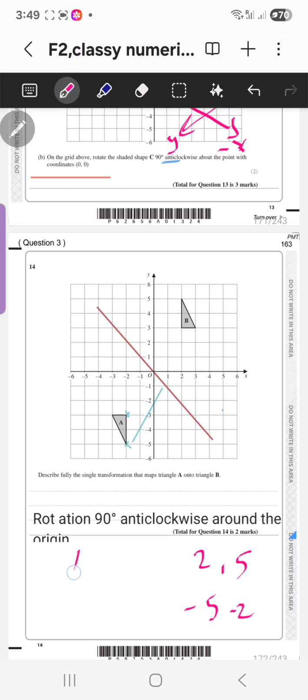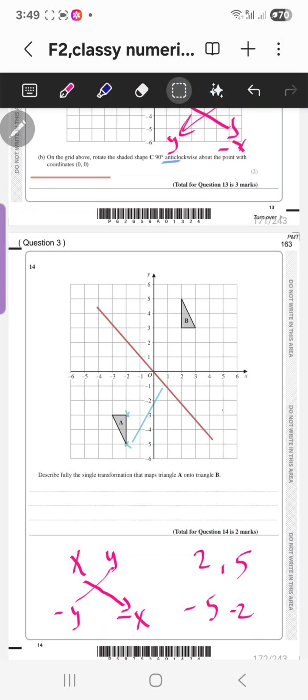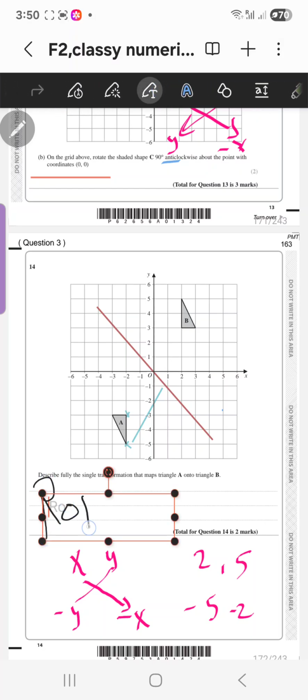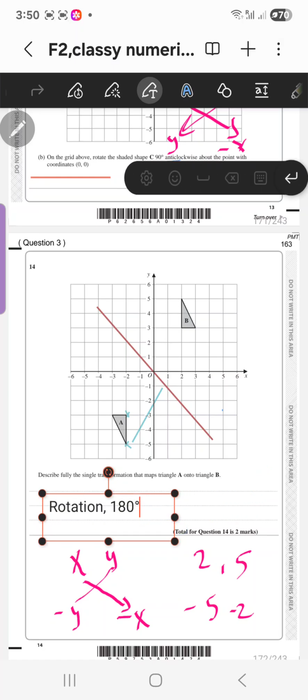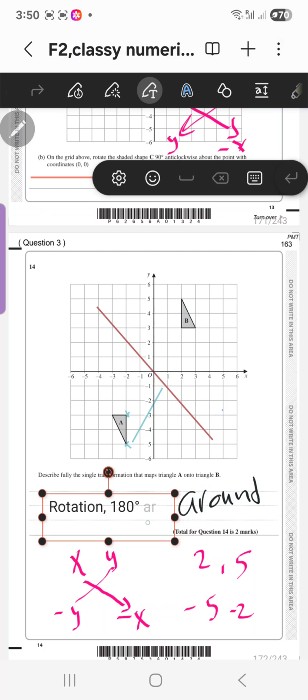So it was x and y, we flip them and make negative y, negative x, and that is a rotation by 180 degrees. So the first mark is for rotation, the second mark is for 180 degrees, and the third mark is for around the origin.